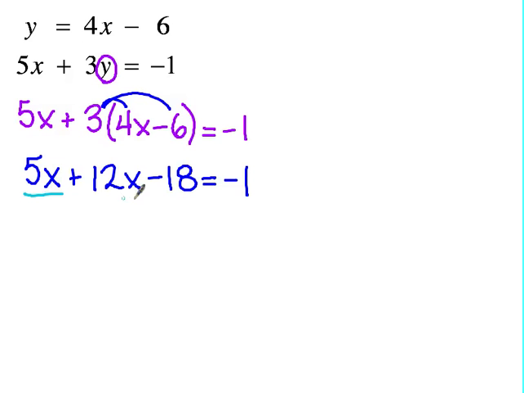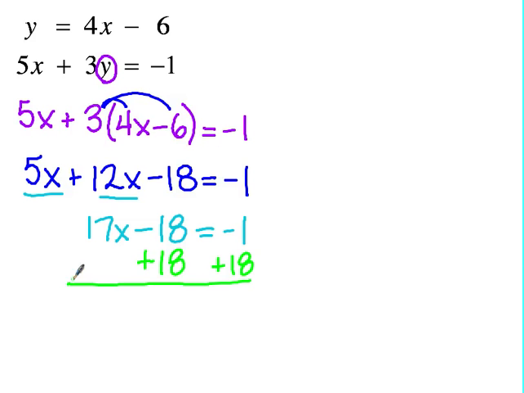And what do I get? 17x. Perfect. What do you do now? Add 18. Nice job. And so I get 17x equals 17. What do you do now?